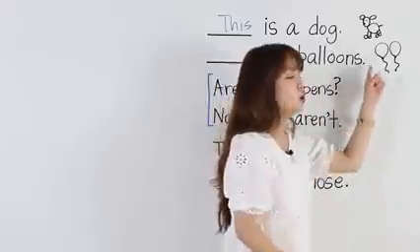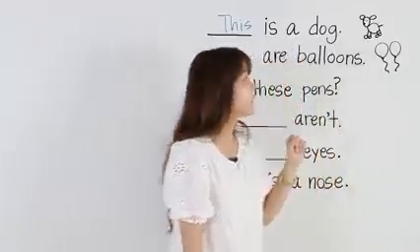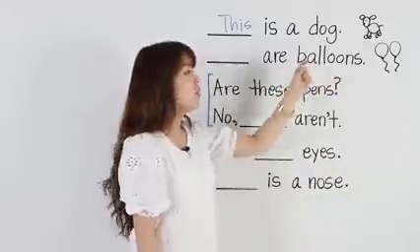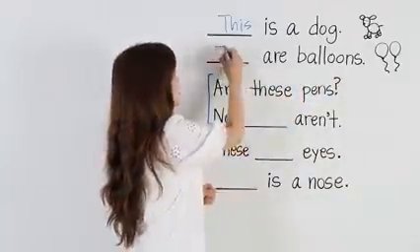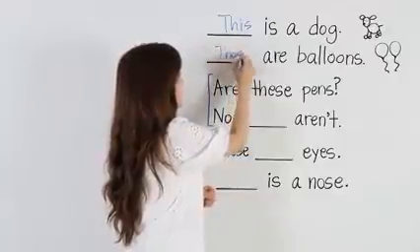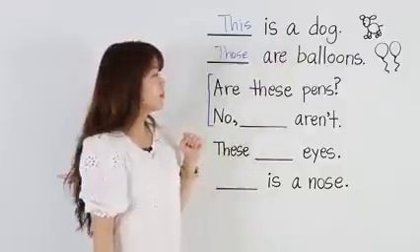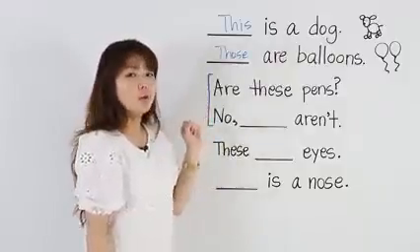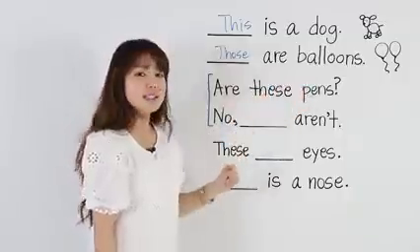So if it's close, I say these are balloons. If they're far, those are balloons. So let's write those. Those are balloons.